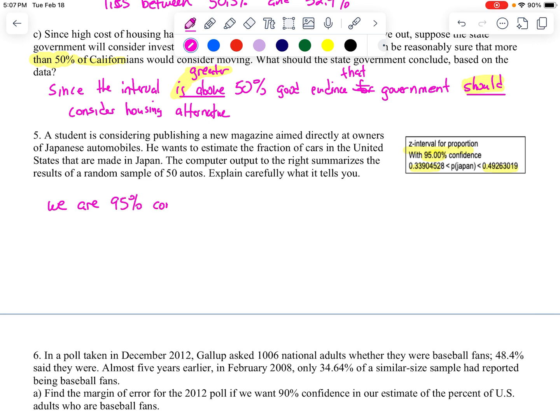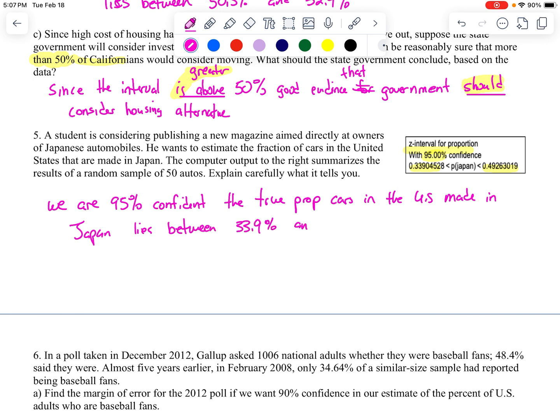We are 95% confident the true proportion of cars in the United States made in Japan lies between 33.9% and 49.3%.